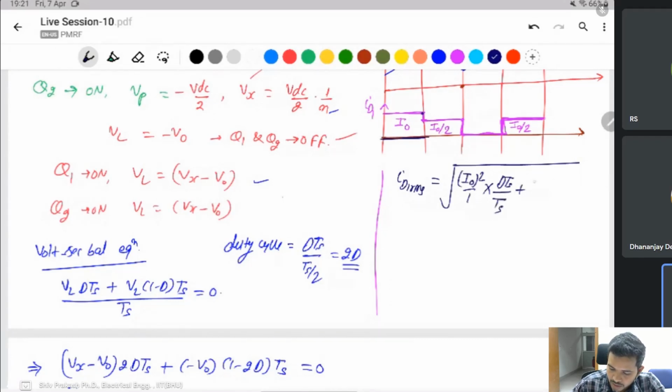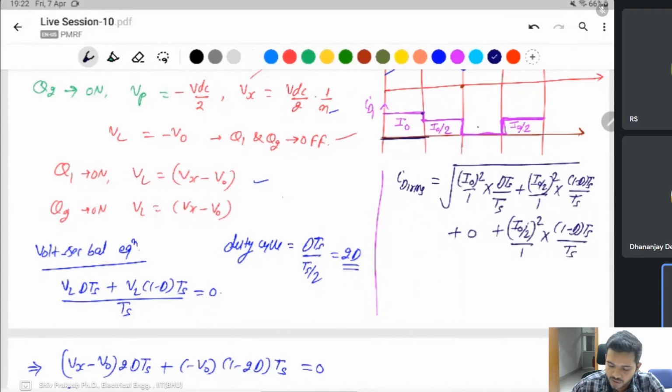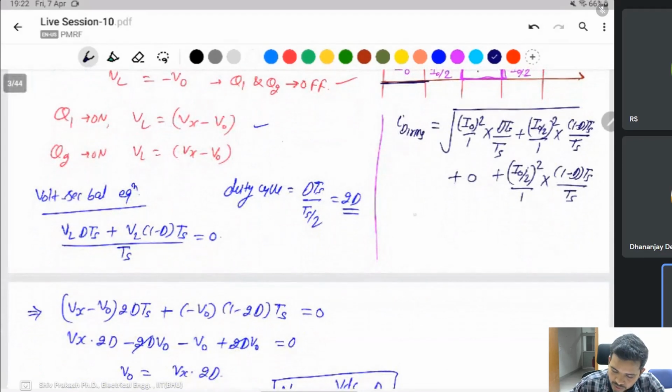the same thing, I naught by 2 squared, into how much time is present, 1 minus d Ts, divided by the total time period, plus this one 0. So this is I naught by 2 into 1 minus d Ts divided by Ts, the whole inside the root.